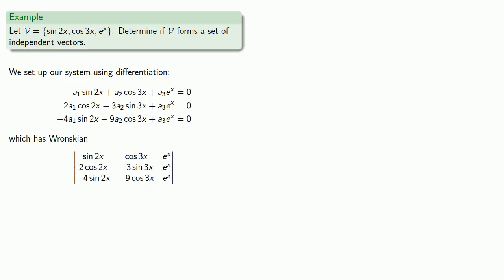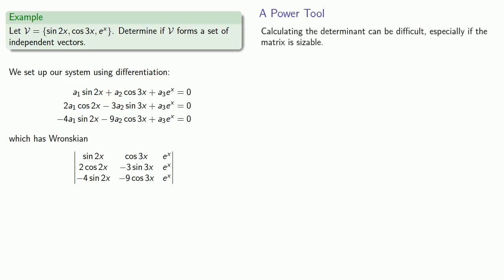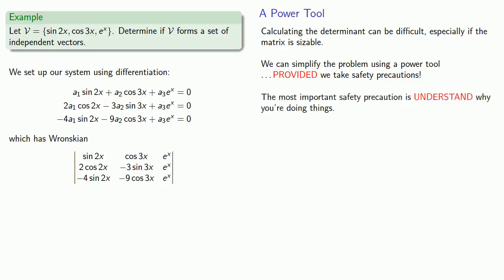Now, calculating the determinant of a matrix can be difficult, especially if the matrix is sizable. We can simplify the problem using a power tool, provided that we take certain safety precautions. And the most important safety precaution is making sure that you understand why you're doing something.